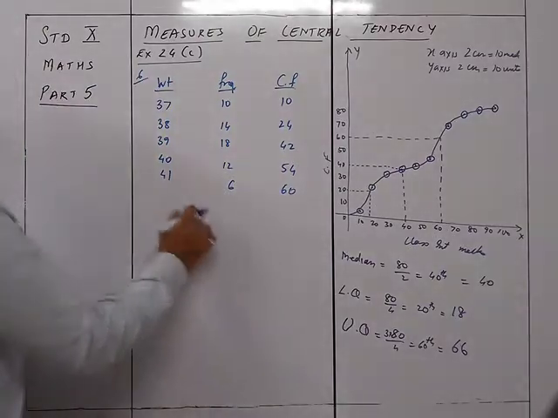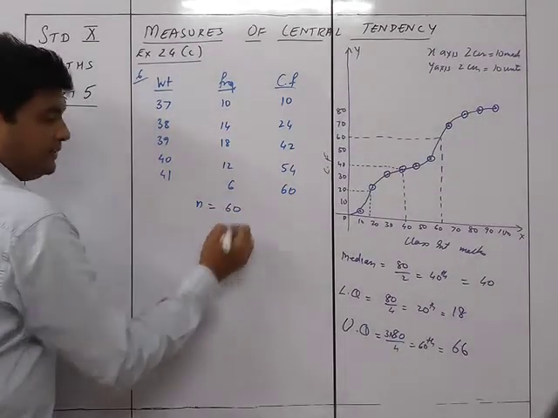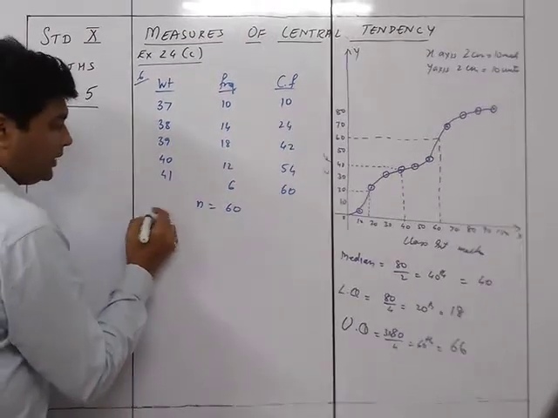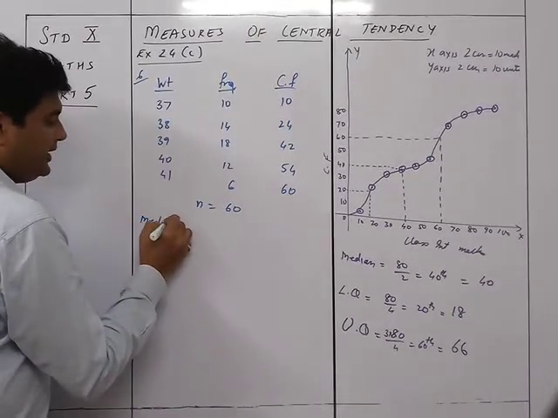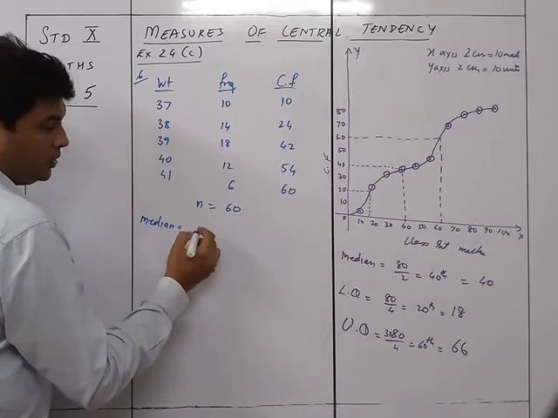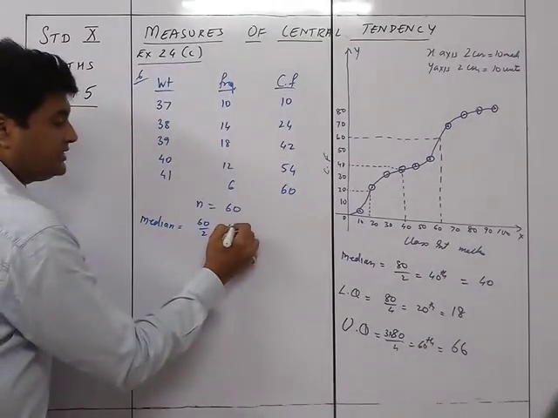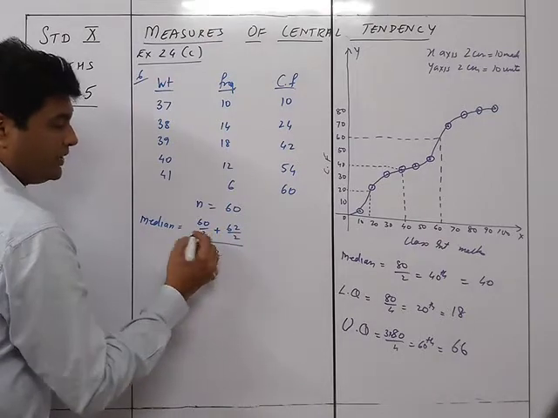Okay, so your n is equal to 60. Because n is equal to 60, the first thing is the median. Median will be equal to 60 upon 2 plus 62 upon 2, the whole upon 2th term.